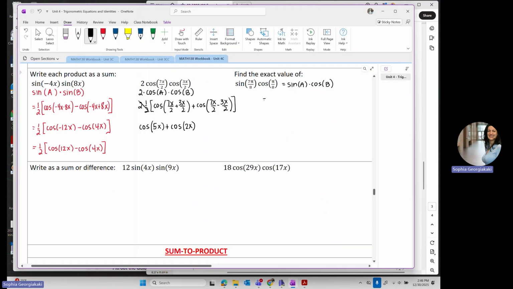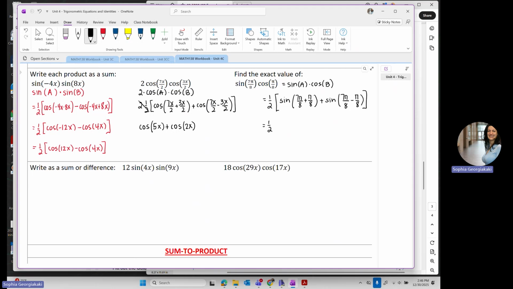So this will equal 1/2 sine of A plus B, 7 pi eighths plus pi eighths, plus the sine of the difference, 7 pi eighths minus pi eighths.